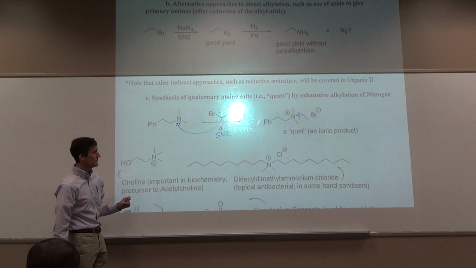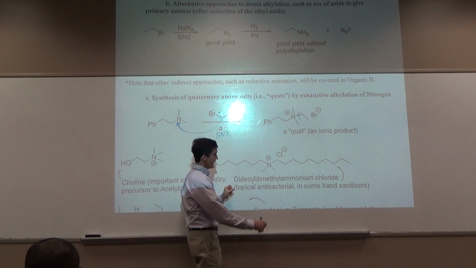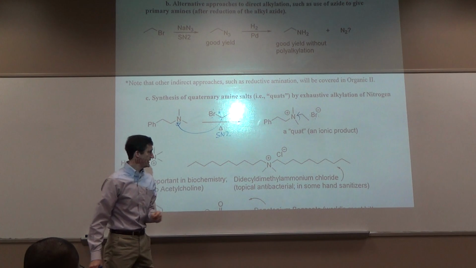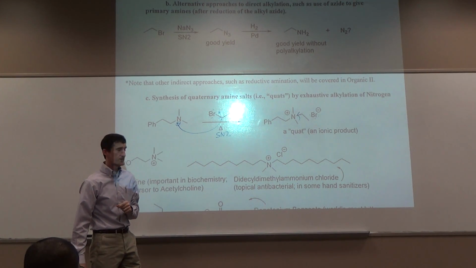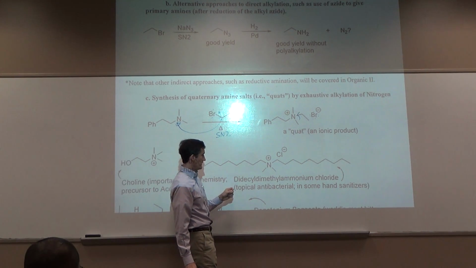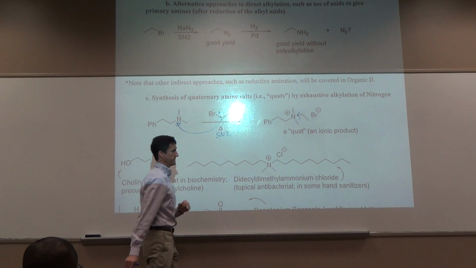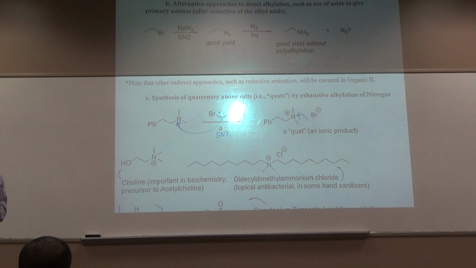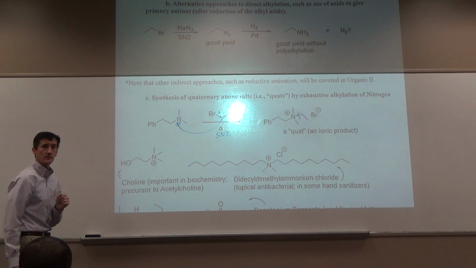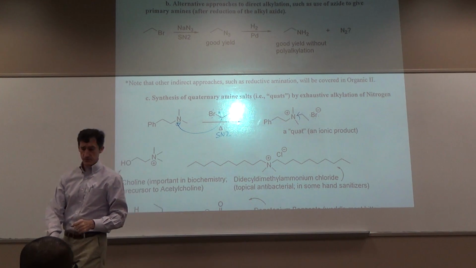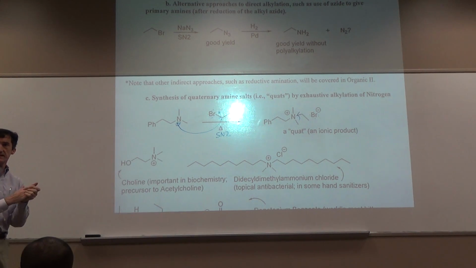Okay, quaternary ammonium. This guy, nitrogen with 2 methyls and 2, if you count that up, that's 2 decyl groups, 10 carbons each. Didecyl dimethyl ammonium chloride. It's a quaternary ammonium salt. This is used as an antibacterial. You know, these hand gels, a lot of them just contain ethanol.